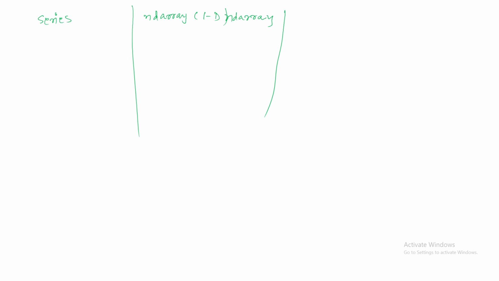So here series and NumPy ndarray. What is the difference between them? Series, you know which type of data it will accept? Homogeneous data. NumPy ndarray is also homogeneous data. Both accept the same, no difference.